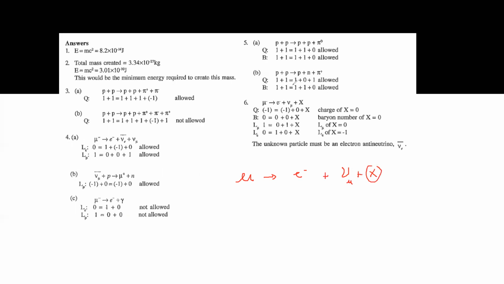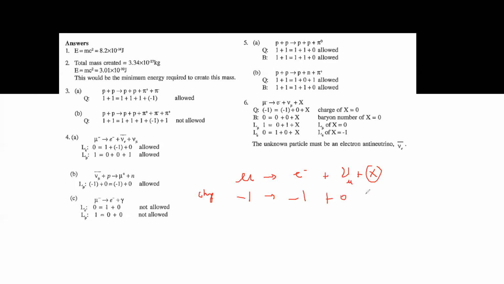First when we check the charge here, muon, electron, and tau, all of them are leptons, they have a charge -1. So this is charge -1. Electron charge is also -1. Electron neutrino, muon neutrino, and tau neutrino, their charge is 0.